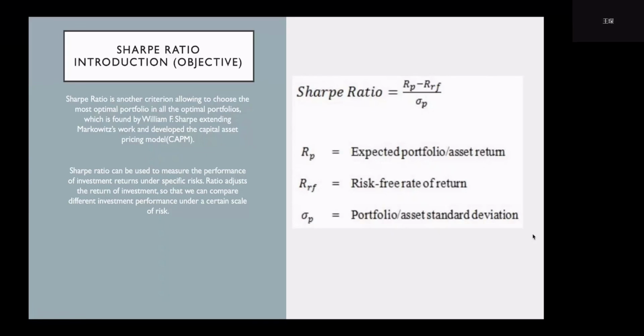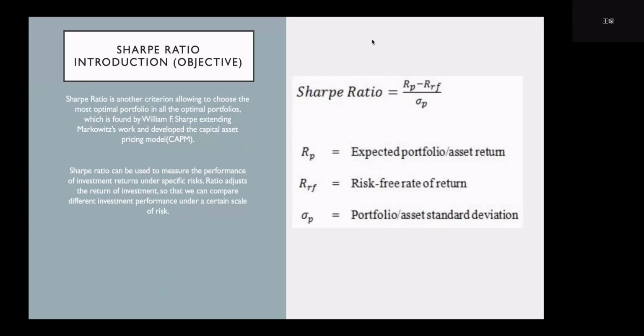If all points on the efficient frontier curve are optimal portfolios, we still don't know which is the most optimal portfolio among all these optimal portfolios. So we need another criterion that allows us to choose the most optimal portfolio. William Sharpe extended Markowitz's work and developed the capital asset pricing model, which we call CAPM.